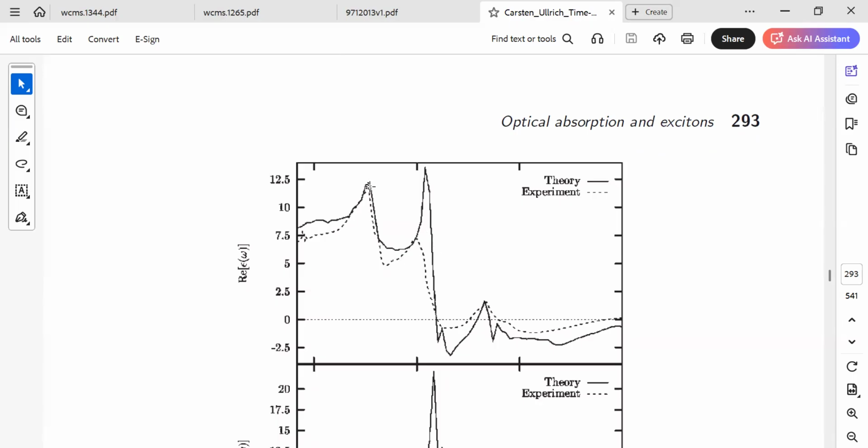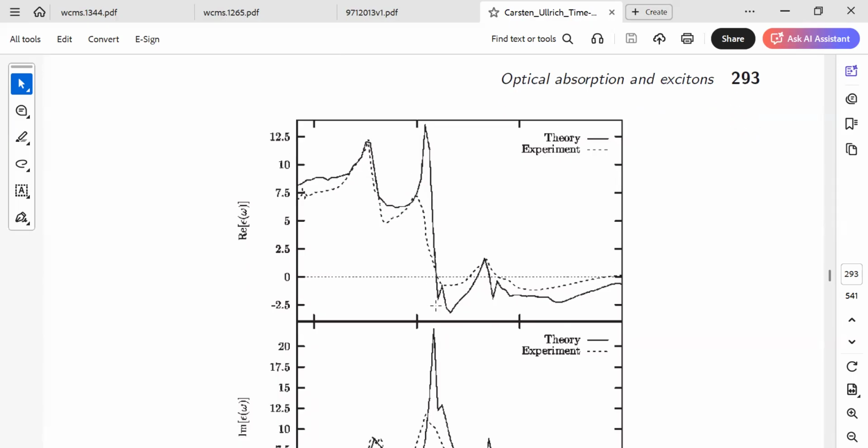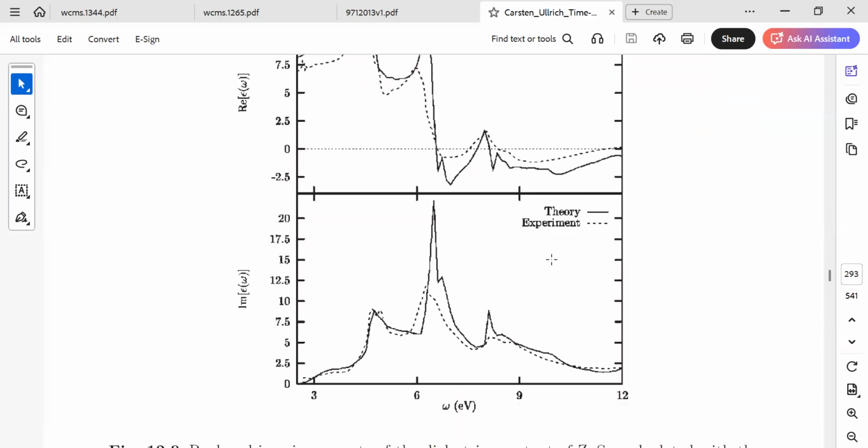But actually, we see that there is a peak and then a dip and then a peak again. There is also a peak which is experimentally observed, and the theory is also predicting that there should be a peak. And again, there is the theoretically justified behavior.